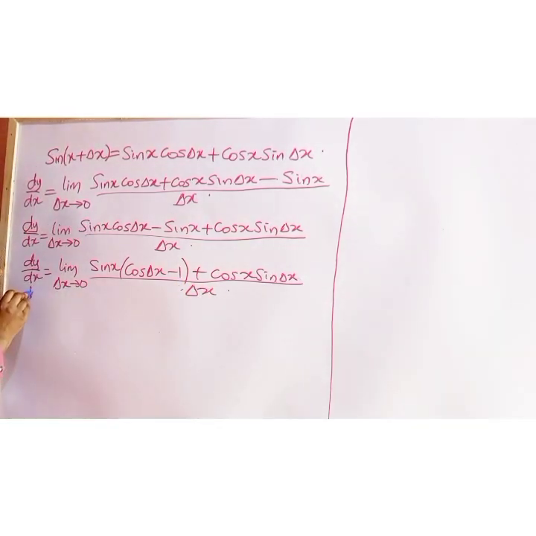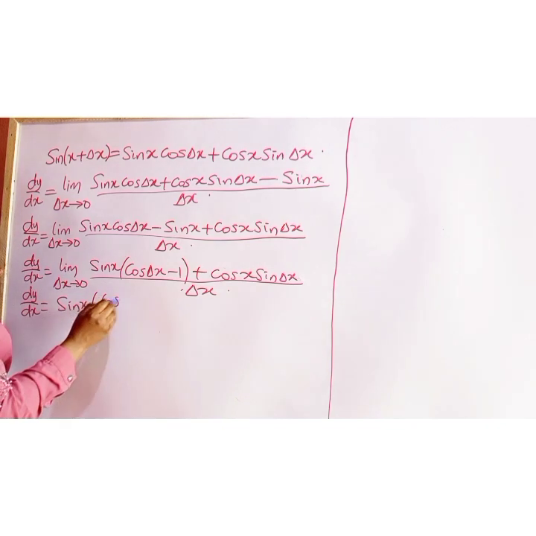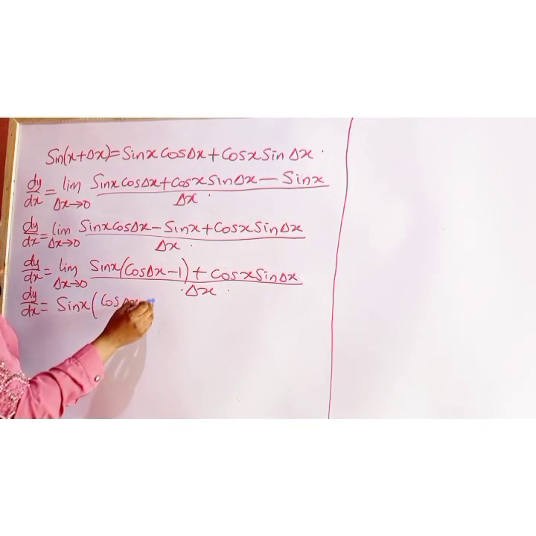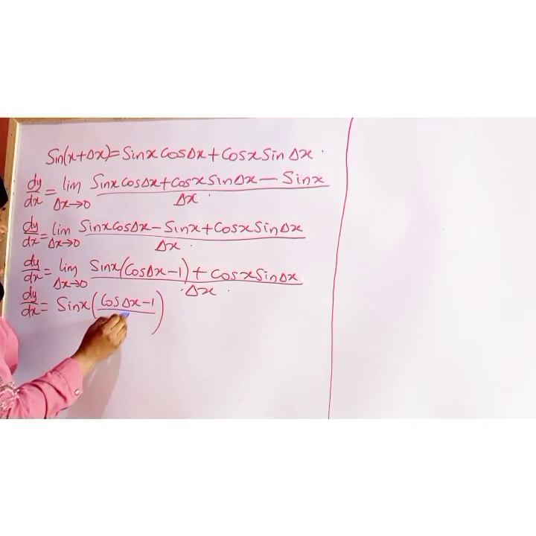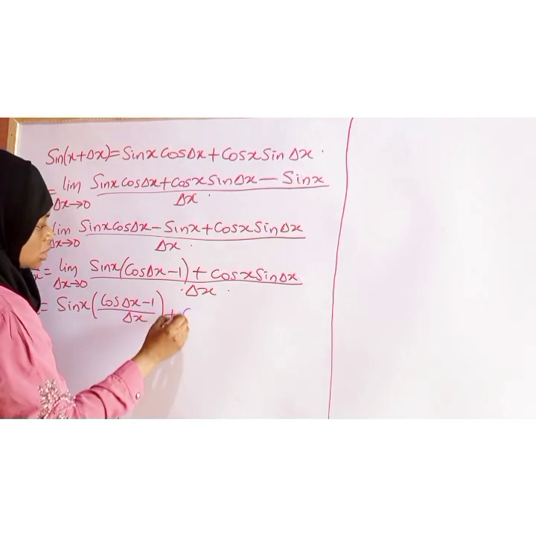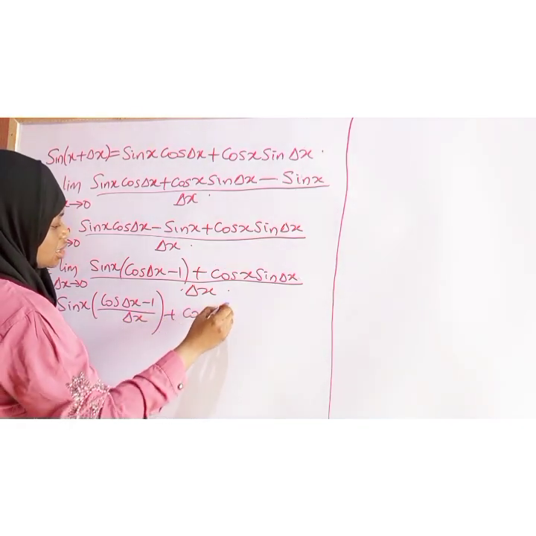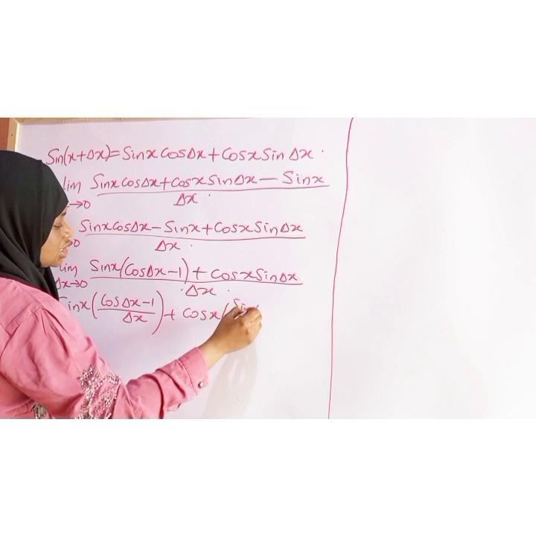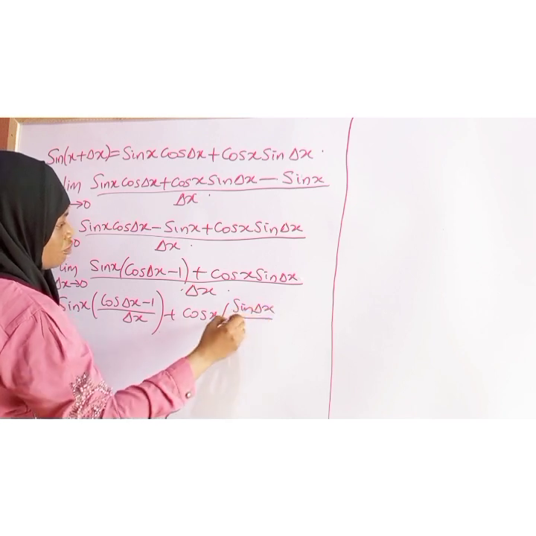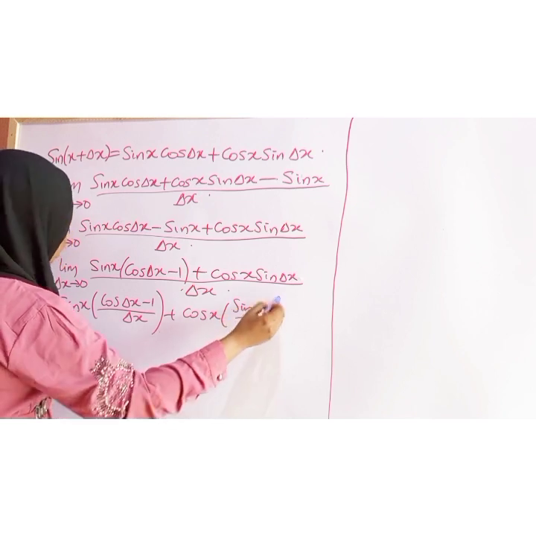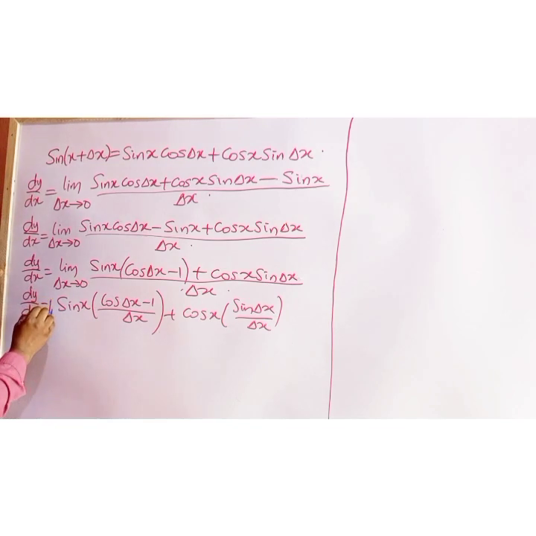So from here we can see that dy/dx is equal to sine x into brackets cos change in x minus 1, everything divided by change in x, then plus cos x into brackets sine change in x over change in x. Don't forget your limits. The limit as this tends to 0.